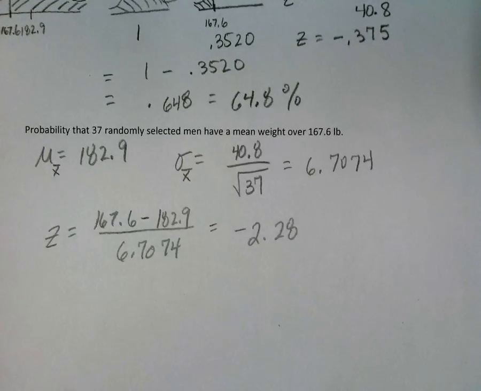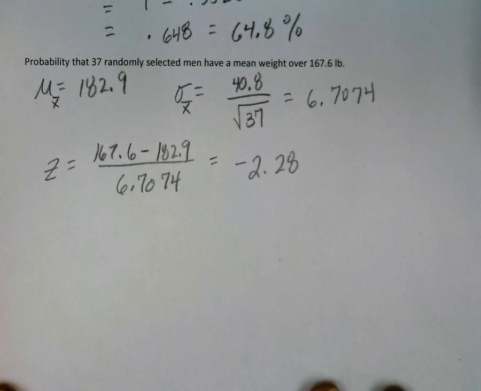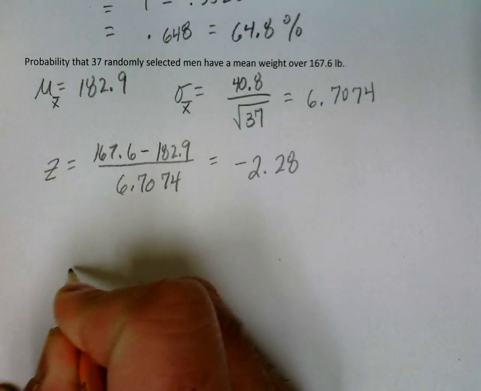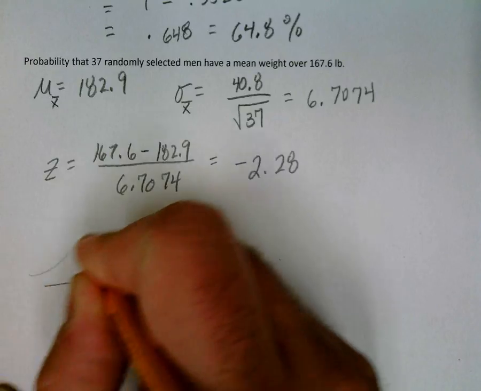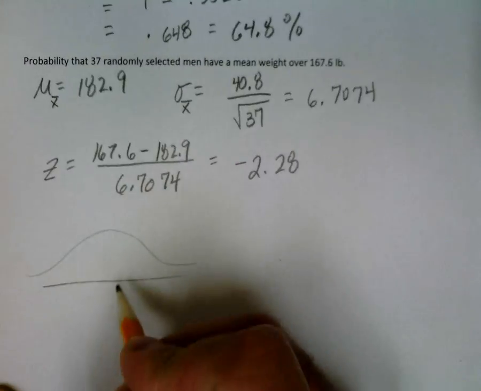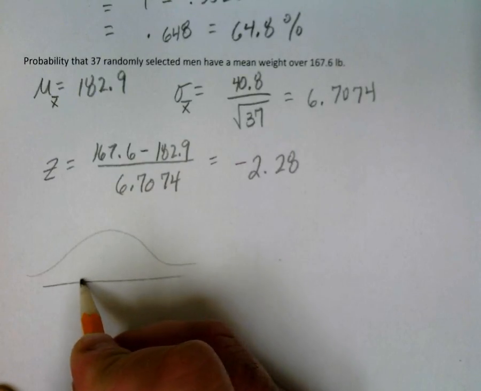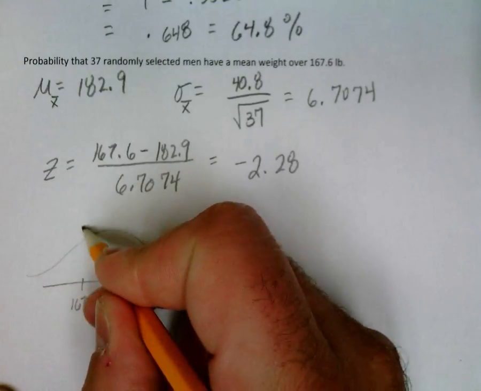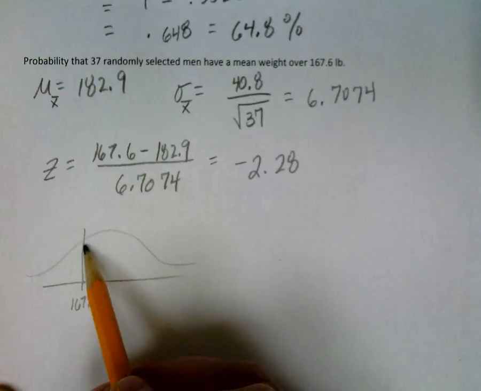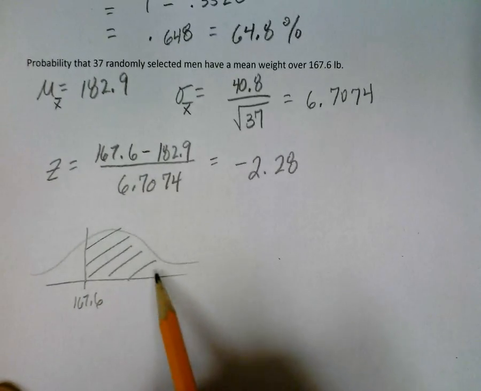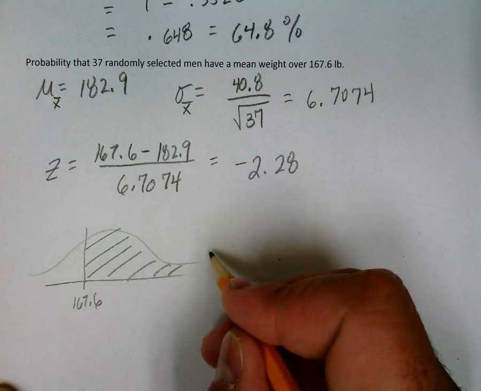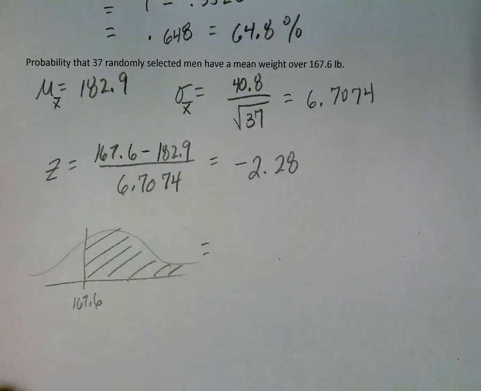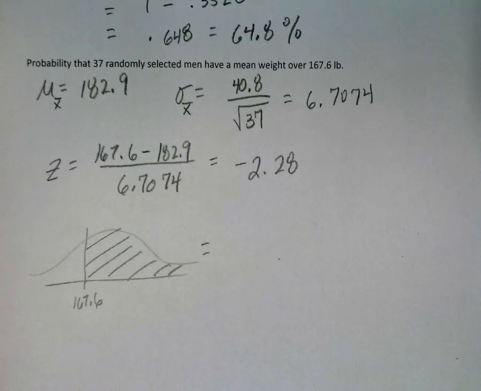So let's look at that graphically. Once again, we're trying to find the probability that a random selection of 37 men yields a mean weight greater than 167.6 pounds.